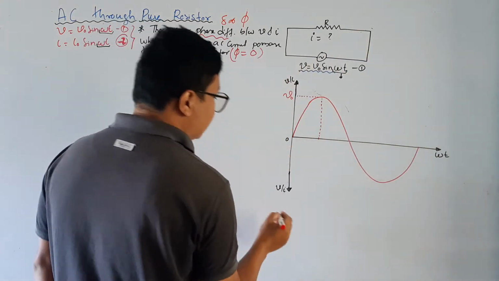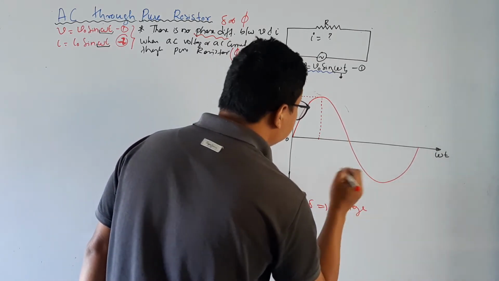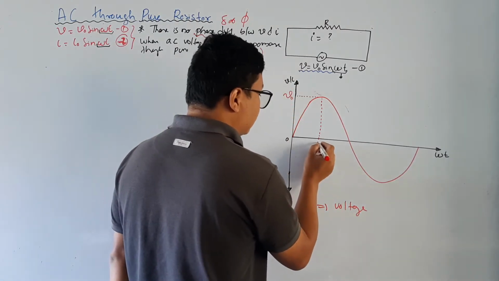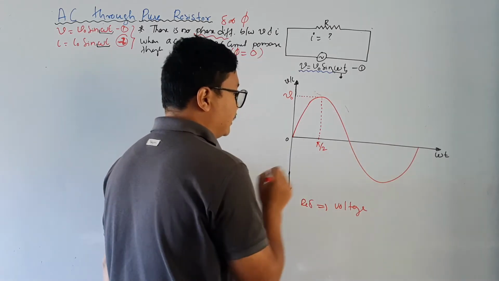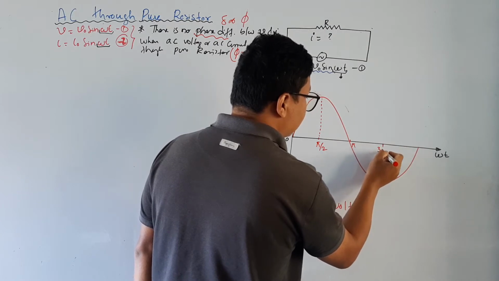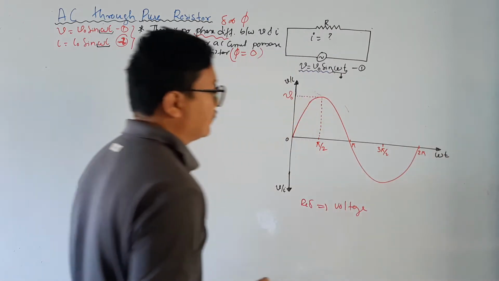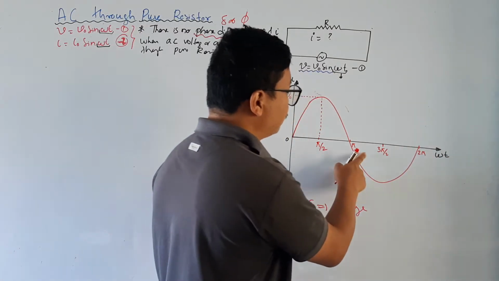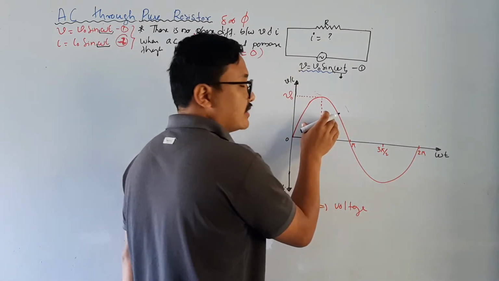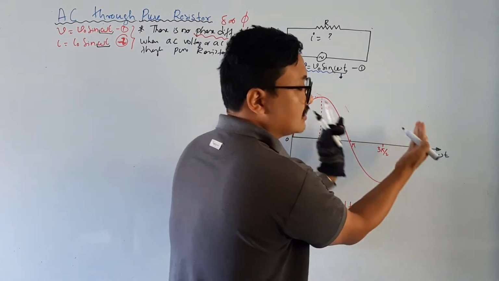On the omega t axis, this value is pi by 2, this value is pi, this is 3 pi by 2, and this is 2 pi, and so on. How am I getting pi by 2, pi, 3 pi by 2, and 2 pi here? Actually, this is my half cycle.